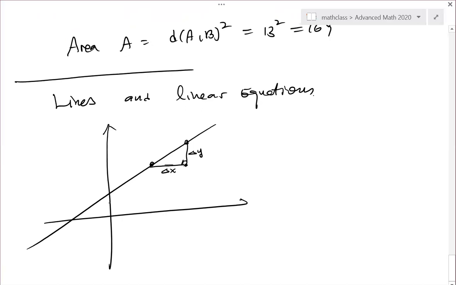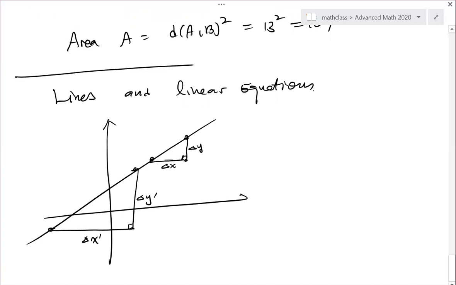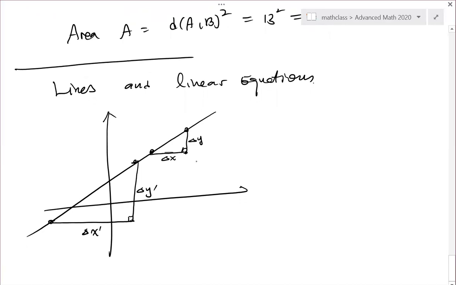And I can draw another one. And these are 2 points. We know this is delta y prime, delta x prime. We find out those 2 triangles are similar. Actually, similarity is not discussed yet, but I just say that this ratio will be the same. So those 2 triangles are similar, so the ratio delta y over delta x will be the same.